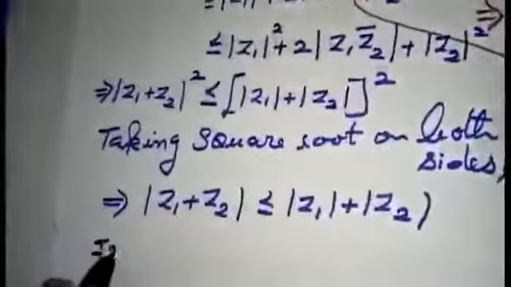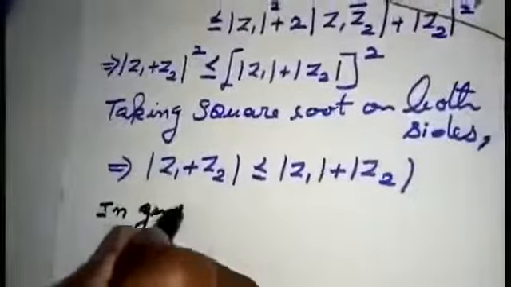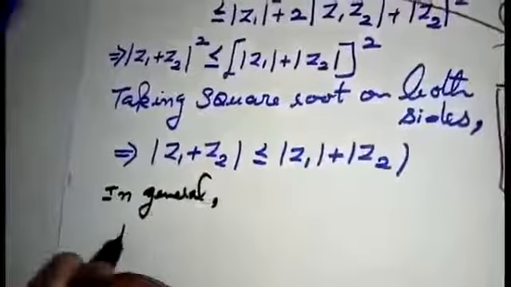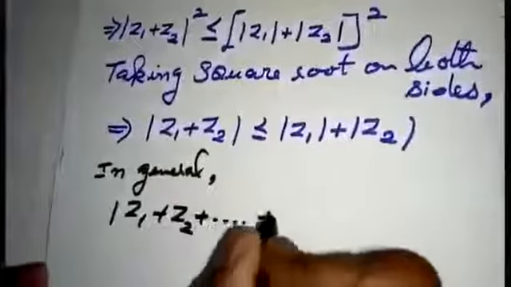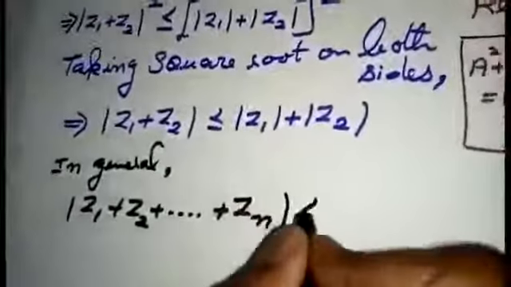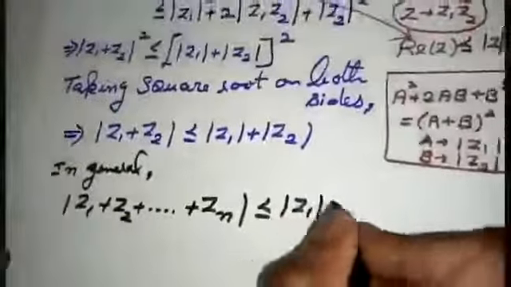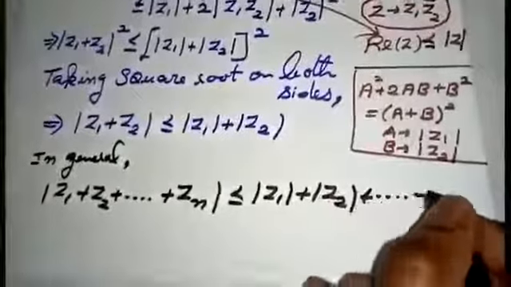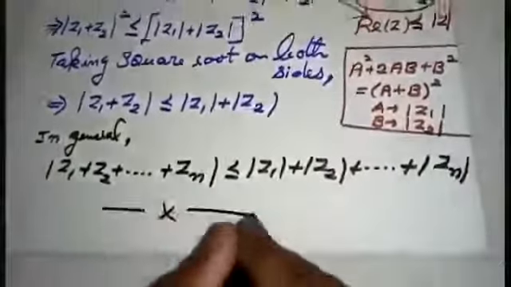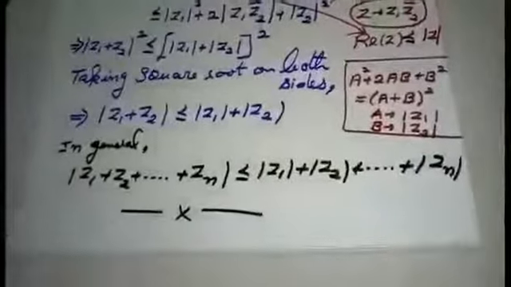That is, in general, I can tell it as modulus of Z1 plus Z2 plus etc. plus Zn is less than or equal to modulus of Z1 plus modulus of Z2 plus etc. till modulus of Zn. And this is the required proof for triangle inequality.